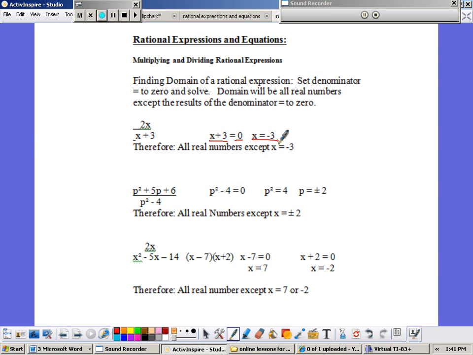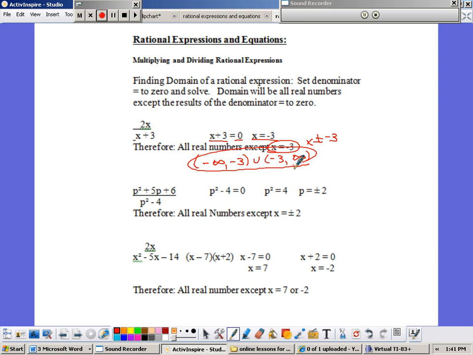We solve, and x is negative 3. That means x equal to negative 3 cannot happen, because the domain would be negative infinity to negative 3, jump, negative 3 to infinity, because there would be an asymptote there, which is an imaginary line that the graph gets close to but never touches because it's a boundary point.